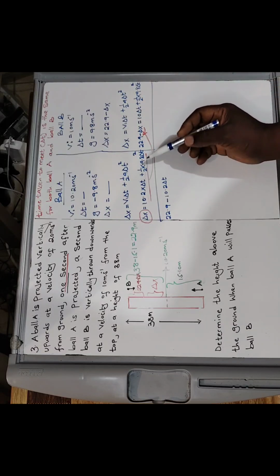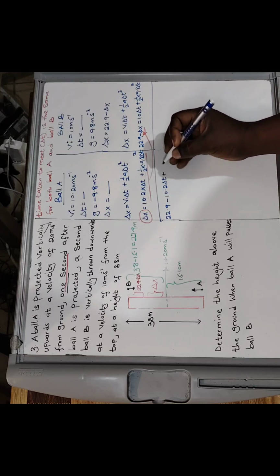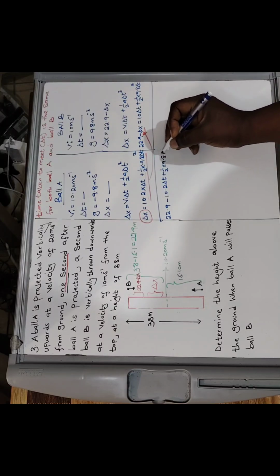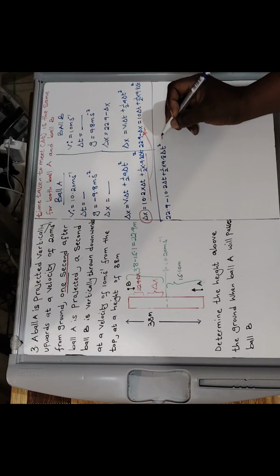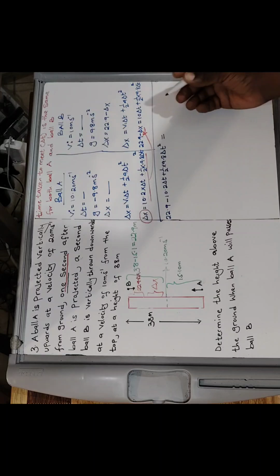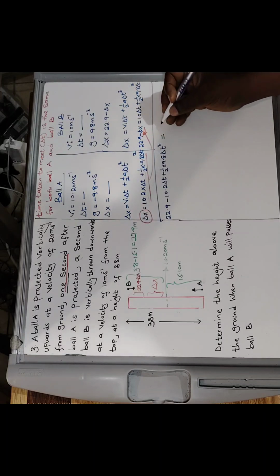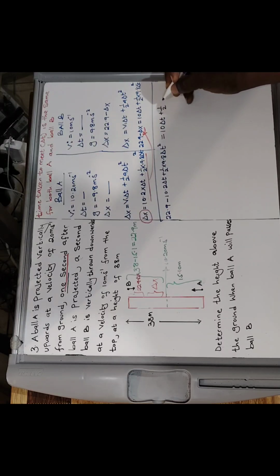So it's going to be minus, minus, so plus a half times 9.8 delta t squared. Okay, this one is equal to, now I'm done substituting. Remember, I'm substituting in this equation, is equal to 10 delta t plus a half times 9.8 delta t squared.